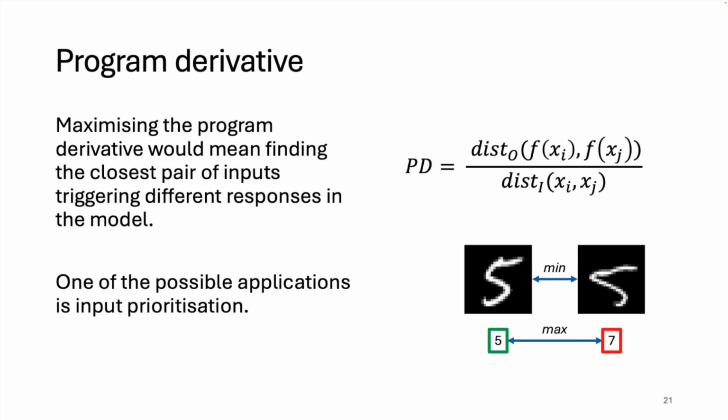By maximizing this ratio, we can find the closest pair of inputs that triggers a very different response in the model. I think these could be very interesting pairs of inputs that will lead to the killing of a mutant or the exposure of some significant faults in the system.